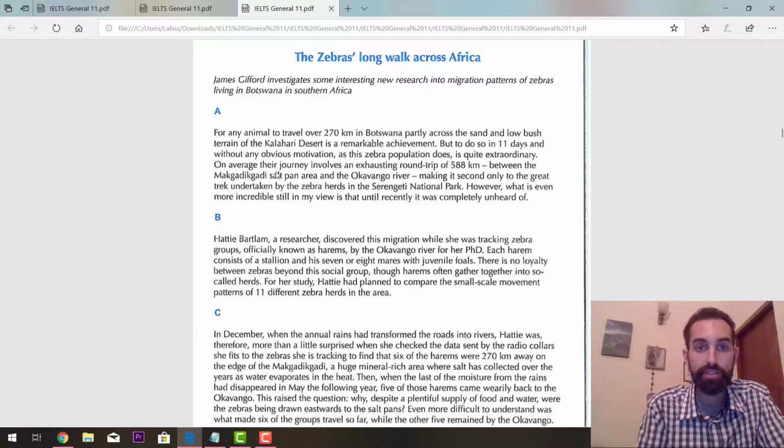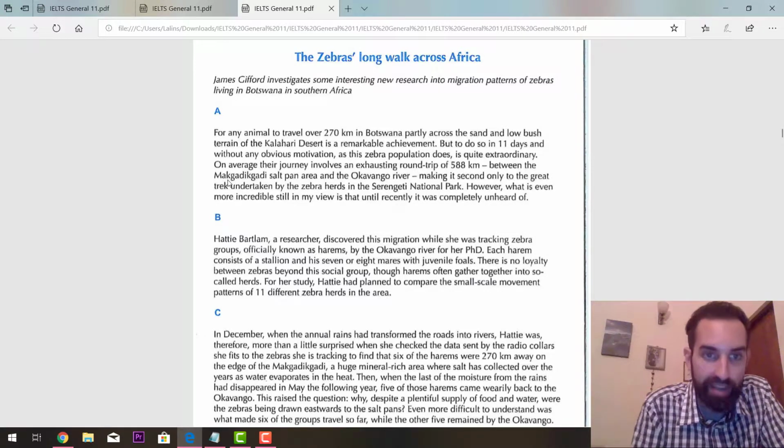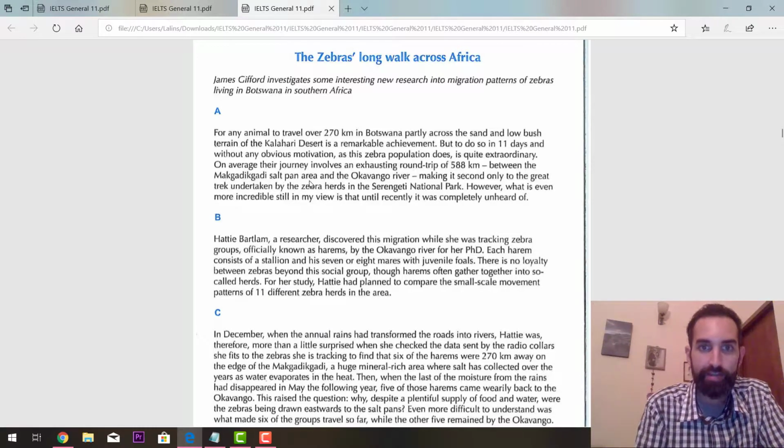On average, their journey involves an exhausting round trip of 588 kilometers between the Makgadikgadi salt pan area and the Okavango River, making it second only to the great trek undertaken by the zebra herds in the Serengeti National Park. However, what is even more incredible still, in my view, is that until recently it was completely unheard of.